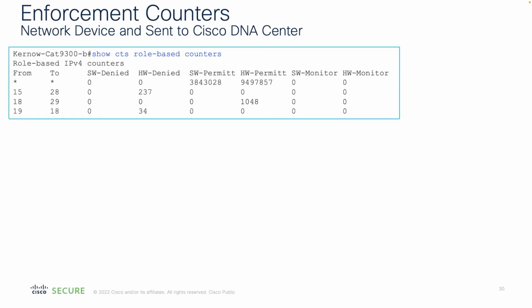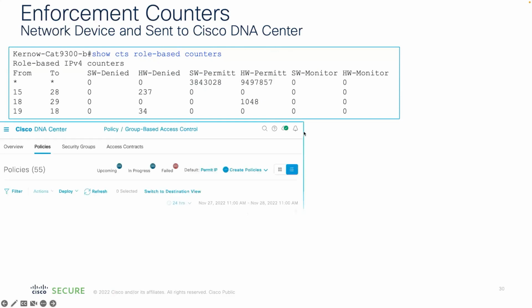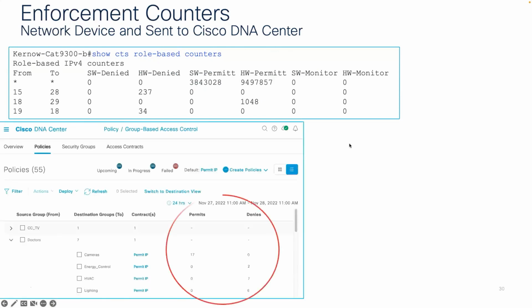Enforcement counters. Now, I think we're all probably familiar that you can see these role-based counters within our network devices. It shows cts role-based counters, and you can see here a number of hit counts from source to destination SGTs. That's what those hit counts are. Now, fairly recently, we've been able to retrieve these hit counts into Cisco DNA Center.